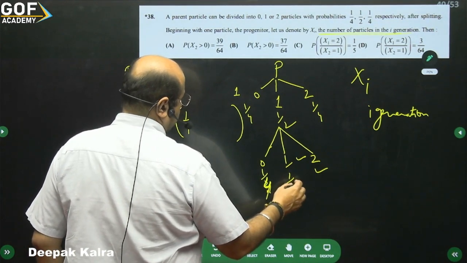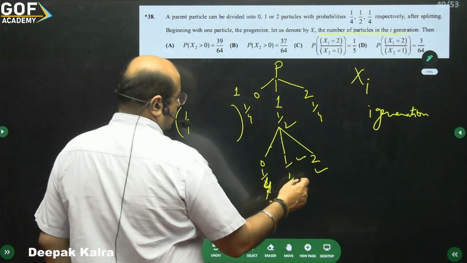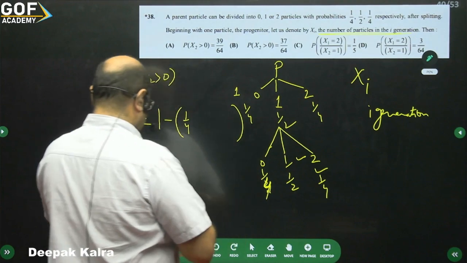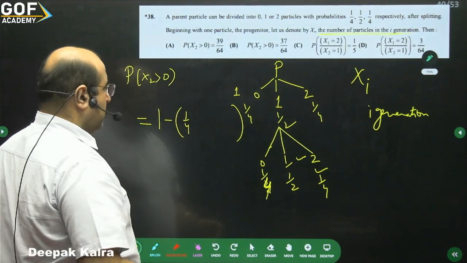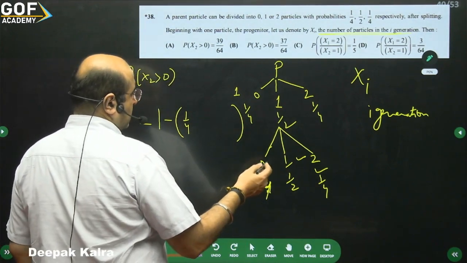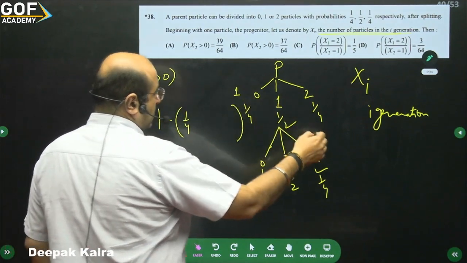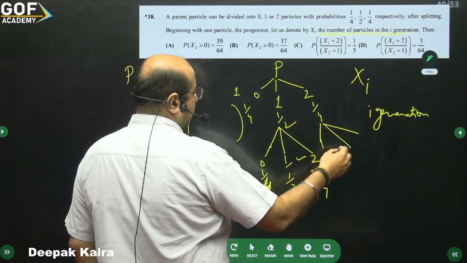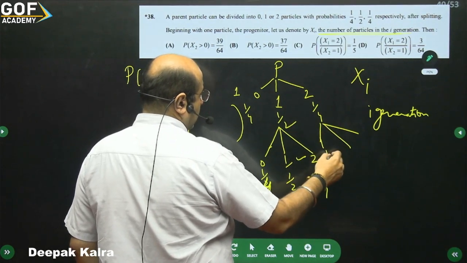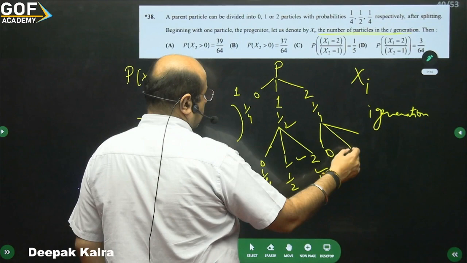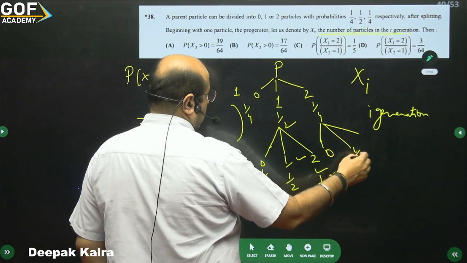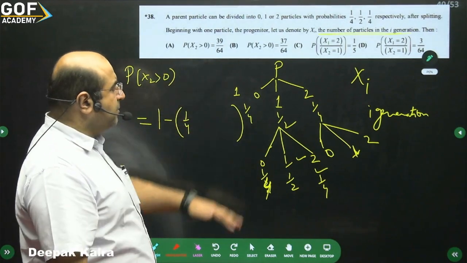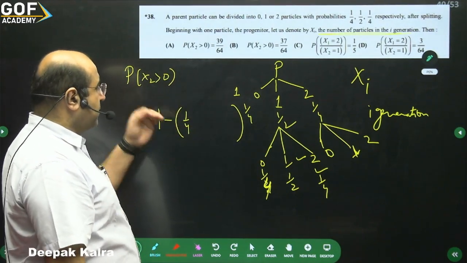And then you have second generation, which means if 2 particles are there, we can move ahead. 0, 1 and 2. Means the second round I have just played. So first one is gone.